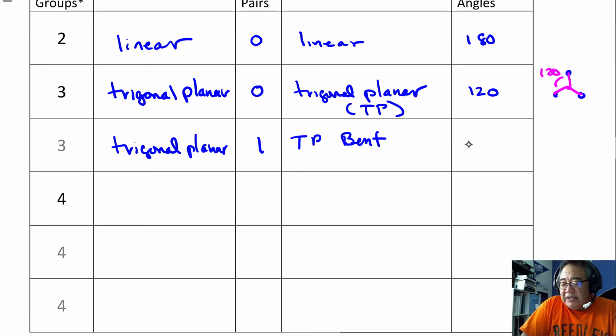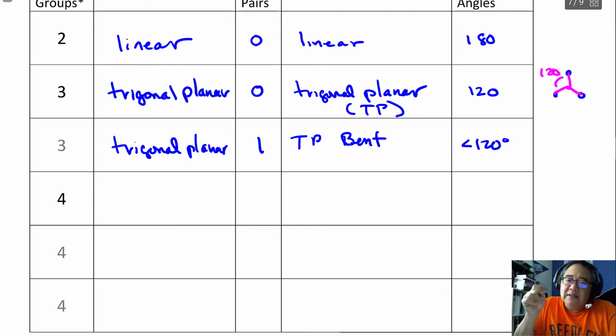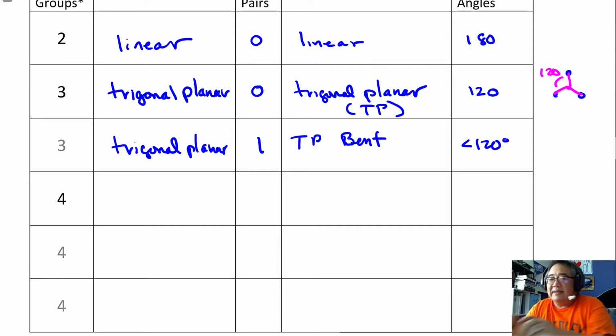The bond angle is actually less than 120 degrees. And the reason it's a little bit less than 120 degrees, it turns out lone pairs take up more space than atoms do. You wouldn't think, because of the way I did it and I made these things so big, right? But lone pairs actually will occupy more space. And so what that does is if you have a central atom in the middle, it bends them away from each other, okay?